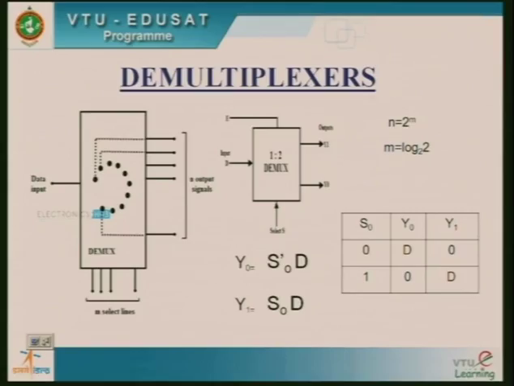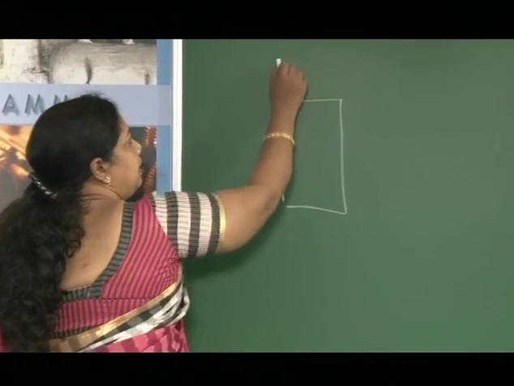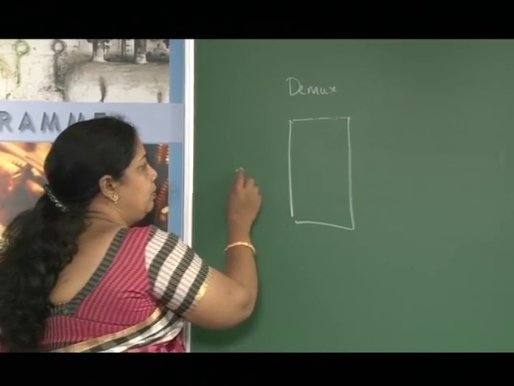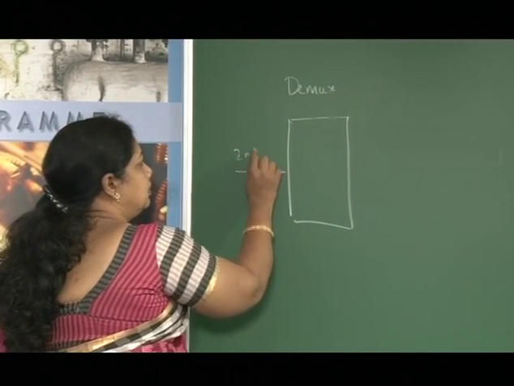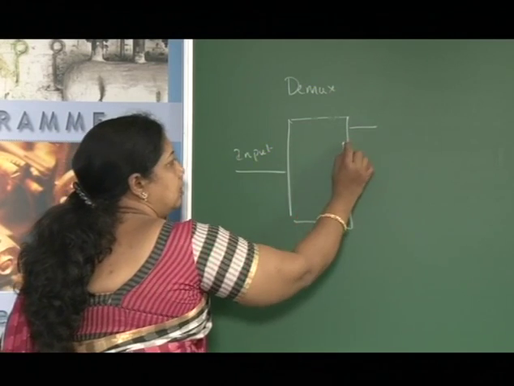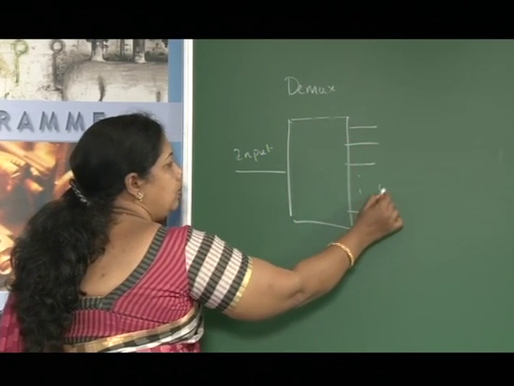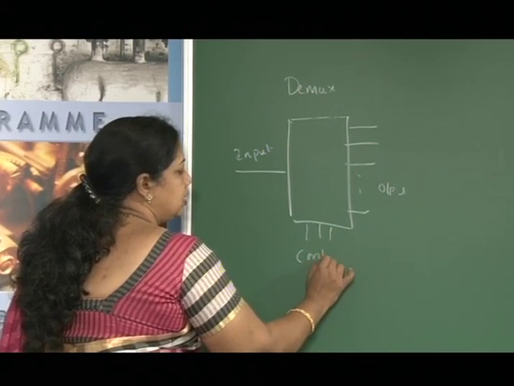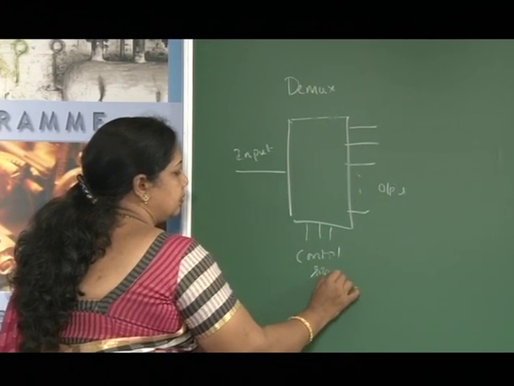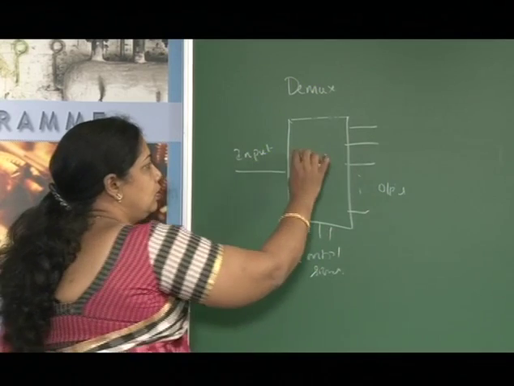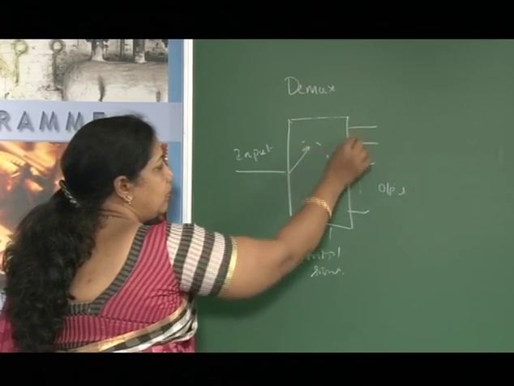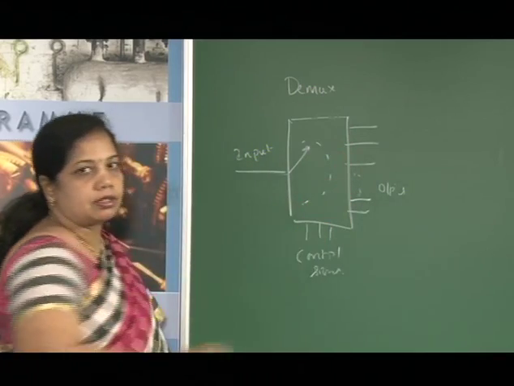So we have a demux. As I said, we have only one input, many outputs, and we have control signals. Here we are going to send this input to one of these output lines.